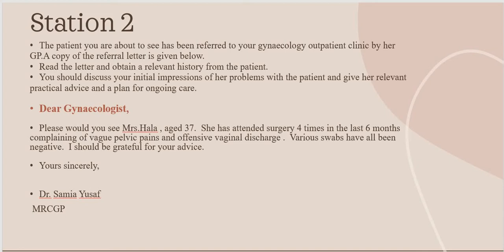I will ask her also about the offensive vaginal discharge, the onset, the duration, and characteristic, if it's constant, continuous, or intermittent, and if she had any medication for that, relieved or not, aggravated or what, and if she had any cultures for that, the investigations she did, the medication she tried, and what kind of surgeries she had also. As in the report, there were 4 surgeries, what kind of surgery she did, the site of surgeries, and the laparotomy, what was it done for.